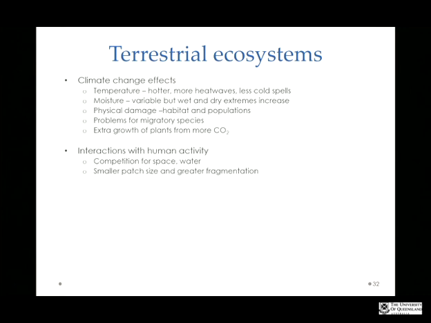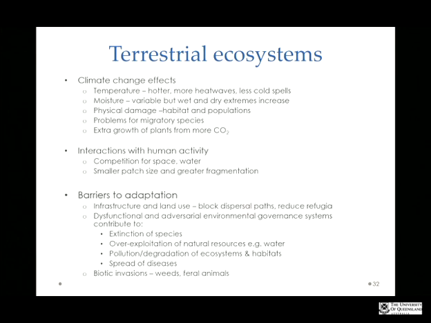They'll also be affected, of course, as will everything, by interactions with human activity, both in competition and also in fragmentation sizes. So can they move around freely to be able to adapt to climate change?